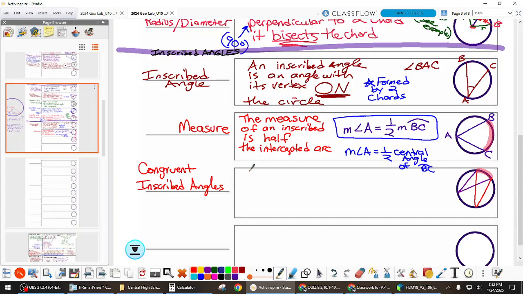Okay. So two inscribed angles that intercept the same arc are congruent. So what can we add to our picture now that we know that?